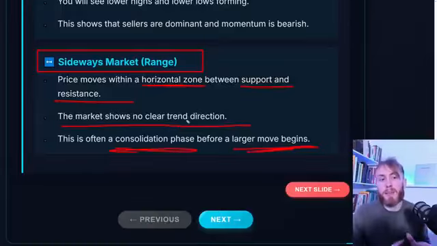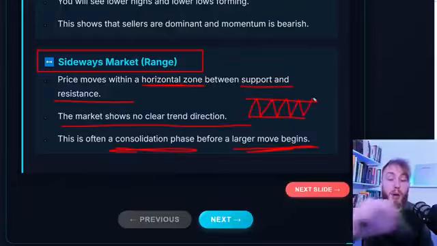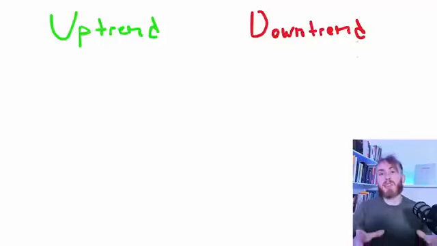But what I already can mention about sideways markets is that a common misconception is that sideways markets are always strictly in between a perfect resistance and support level, but you will very soon learn why this is not the case.